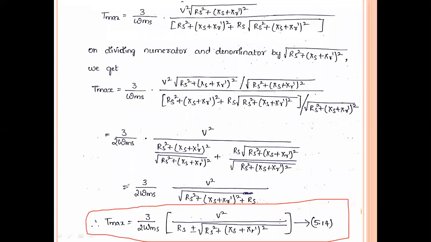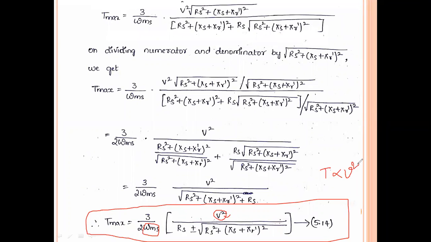And you can see this maximum torque is a function of speed, and it is a function of stator voltage. It is a squaring function of stator voltage. That means if the speed is constant, then torque is directly proportional to voltage squared, where V is the stator voltage.